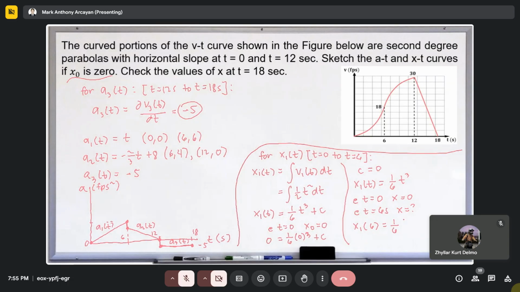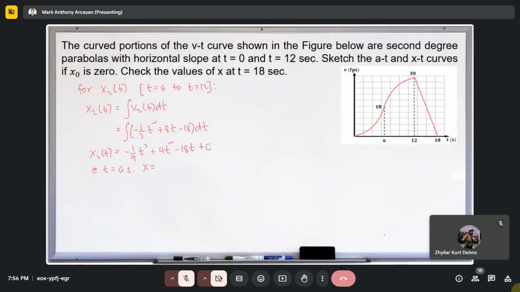So it becomes 1/6 times 6 cubed, and that is equal to 36. The unit is feet. That is the value of the displacement, 36. Therefore, we're going to use that value here.